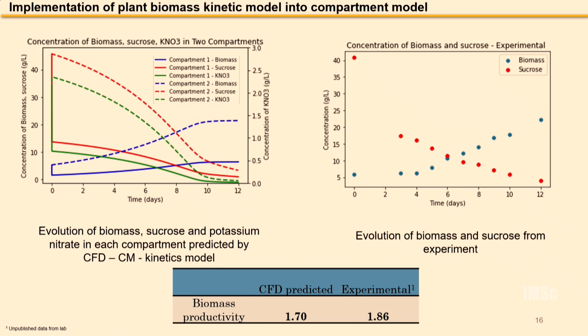We simulated up to 12 days, and the CFD predicted model matched the evolution of biomass and sucrose from the experiment. Based on the volume average value, we calculated the biomass productivity, which was around 1.7 grams per liter per day, quite close to the experimental data.